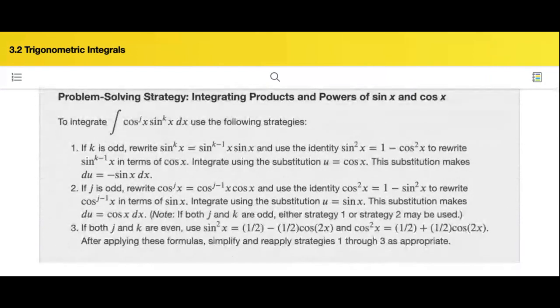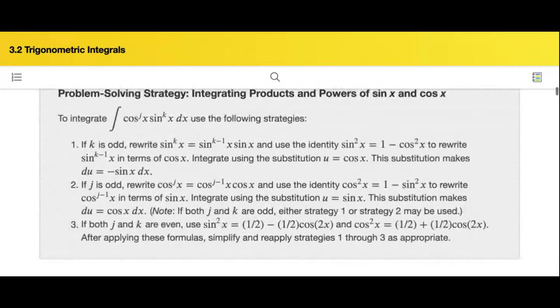Okay, there are a couple of cases to consider, right? So let's think we have cosine raised by j, sine raised by k. So if k is odd, so if it's k under the exponent of sine, we will manufacture sine x from that.